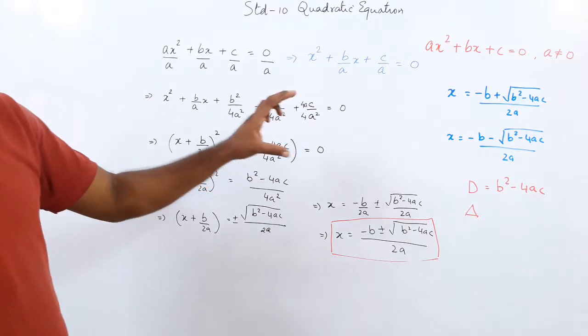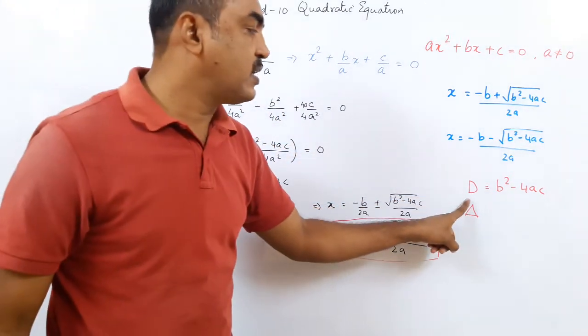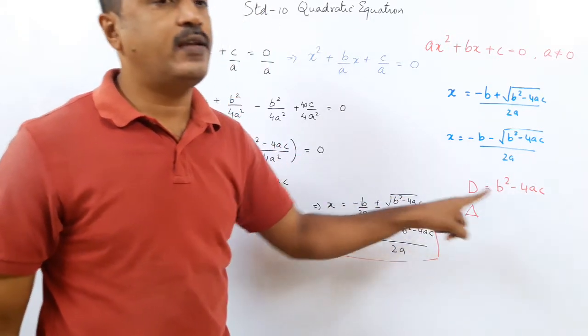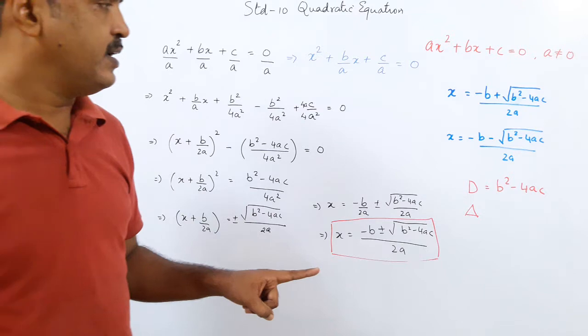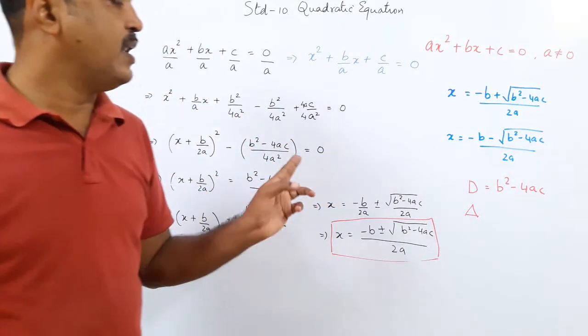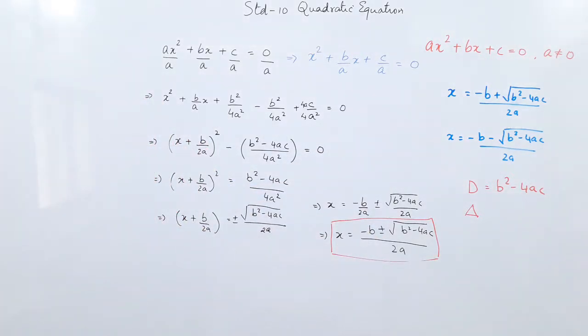Whenever an equation is given, you will compare a, b and c and find out the discriminant b square minus 4ac. If it is less than 0, write no real roots exist. If it is equal to 0, you will write x equal to minus b upon 2a. And if it is greater than 0, then you will find the roots by this method. So this is called the quadratic formula. Now we will do a few sums to understand this in detail.